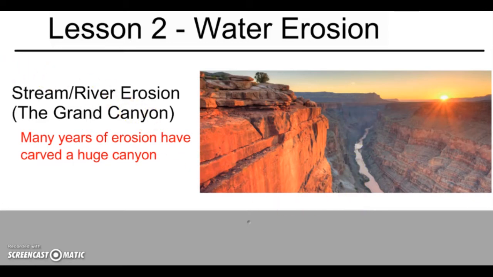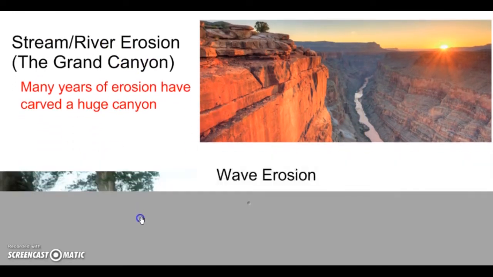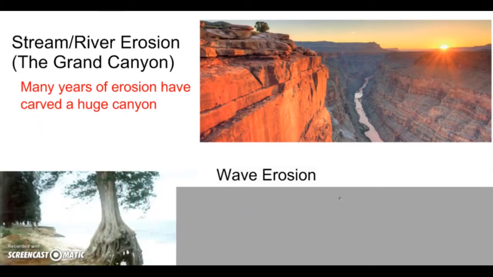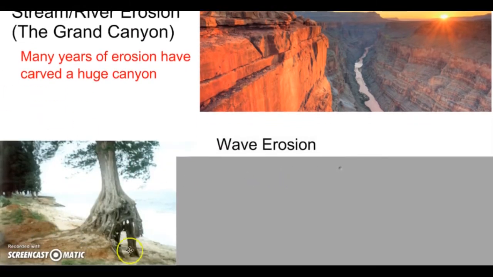But the other type of erosion I want you to note is called wave erosion. It's what happened to this tree. Over time, when this tree was a young tree, the soil was way up here, probably 100 or 200 yards from the beach. But over time, the water has slowly pulled back on the sand and eroded all of this away, so much so that the land, instead of being up here, is now way, way down.